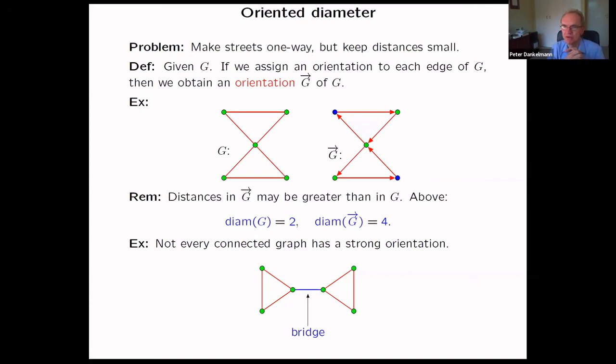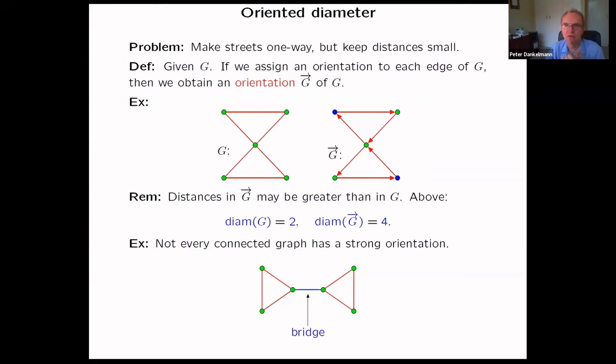But if we don't pay attention and just do it in an arbitrary way, we may not even be able to get from every point in the town to every other point. But we also want to do it so that we don't have to do huge detours, because all of a sudden, the shortest route from us to our favorite restaurant is just one-way roads in the wrong direction.